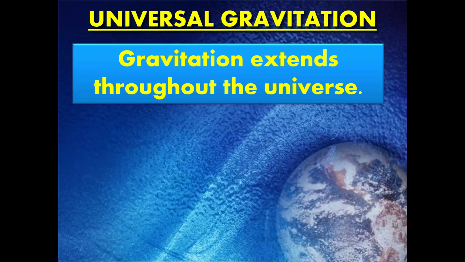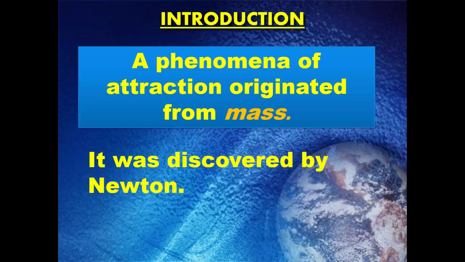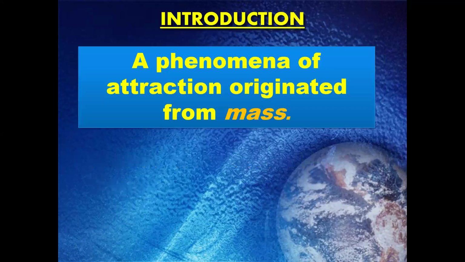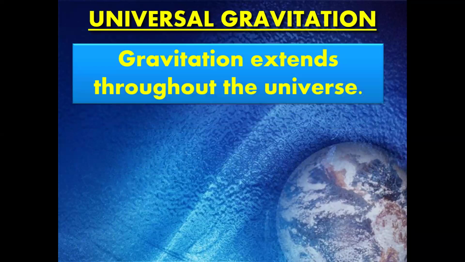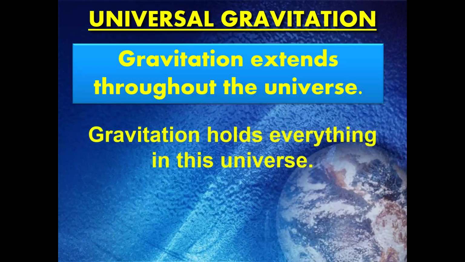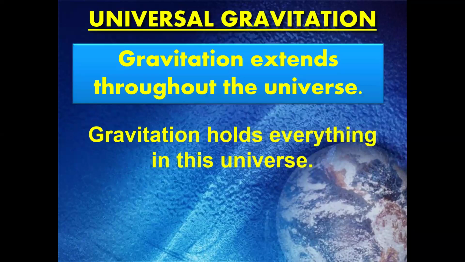So I have given you two concepts. Physics always works in terms of concepts. What's the first concept? Gravity or gravitation is a phenomenon of attraction due to mass. Now, this is the second concept. Gravitation is a universal phenomenon. So gravitation is actually holding everything.